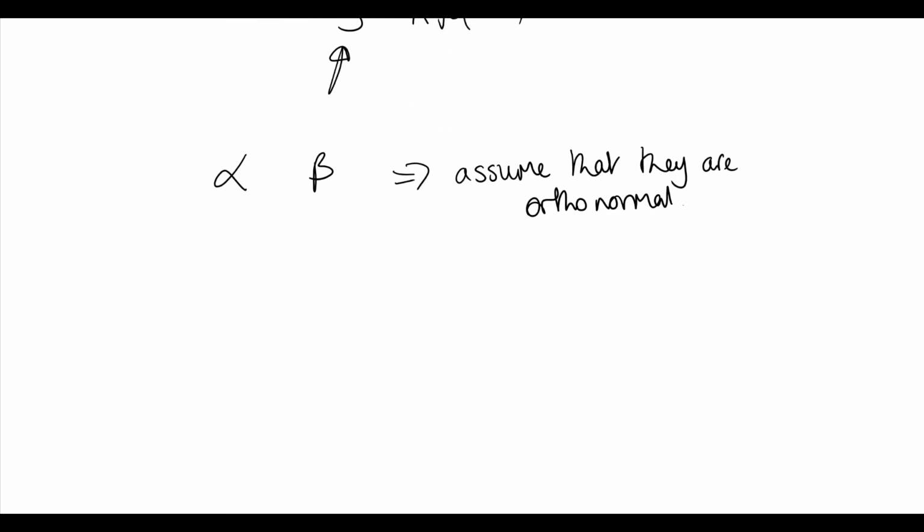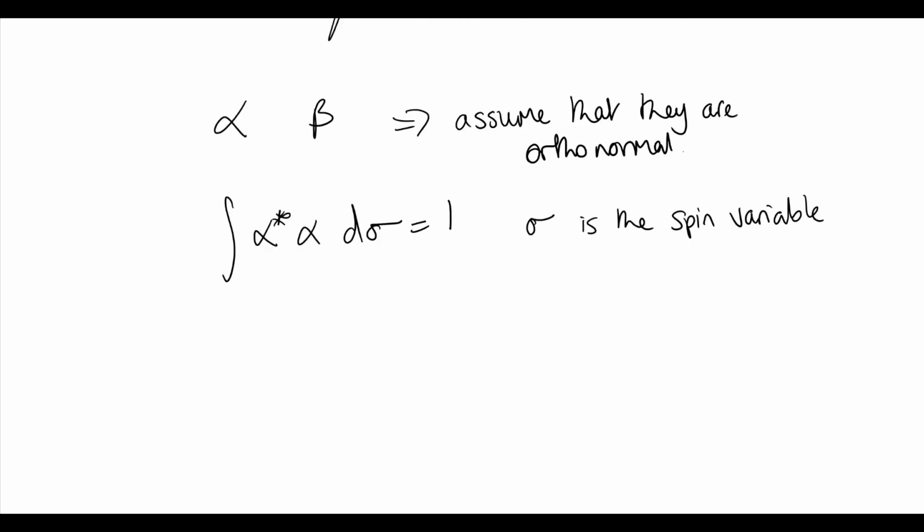And what this means, in fact, is that the integral of alpha times alpha d sigma, so this is a new integral, where sigma is the spin variable, is equal to 1. Similarly, for the wave function beta, this is also equal to 1.